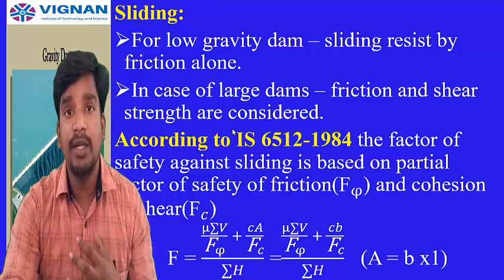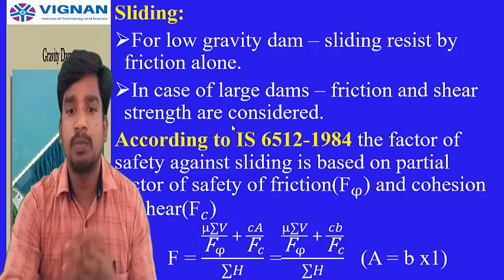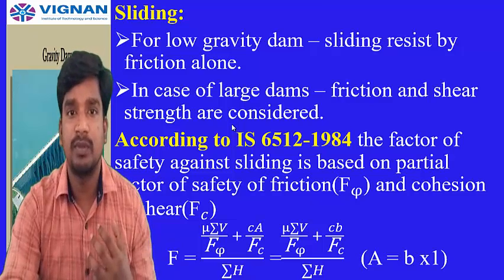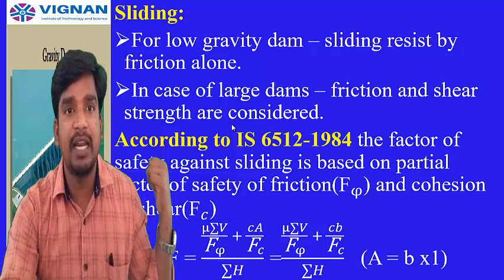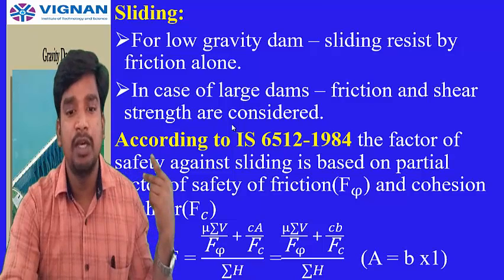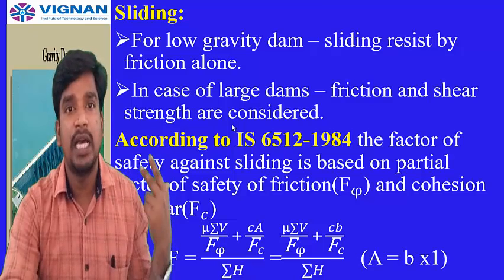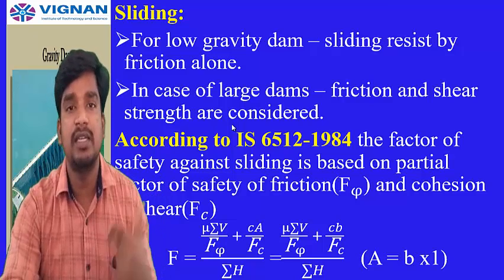So according to IS 6512, 1984, what are the specifications given for factor of safety against sliding? Here you can see the factor of safety against sliding is to be considered dependent on two factors: friction as well as cohesion or shear.